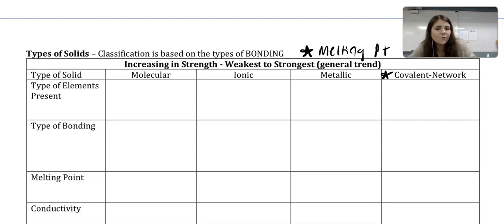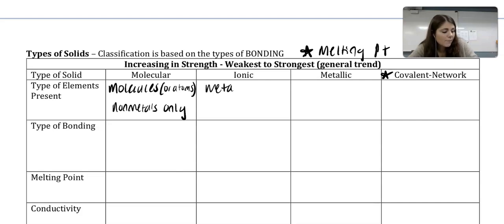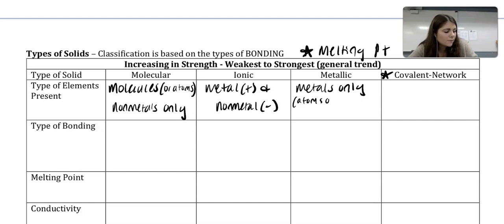Types of elements present. For molecular, we're going to have molecules, or we can say atoms, and these are non-metals only. Ionic will be a metal, positive, and non-metal, which is negative. Then metallic, we have metals only. We can say atoms of electropositive elements, because our metals are going to have that positive charge, okay?